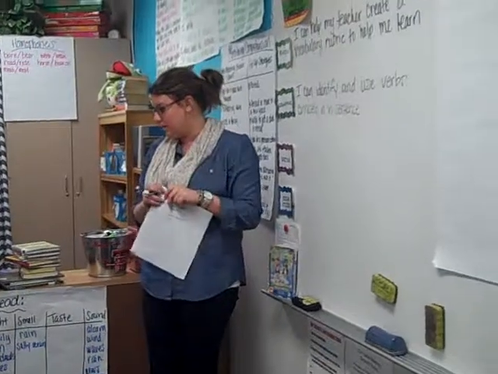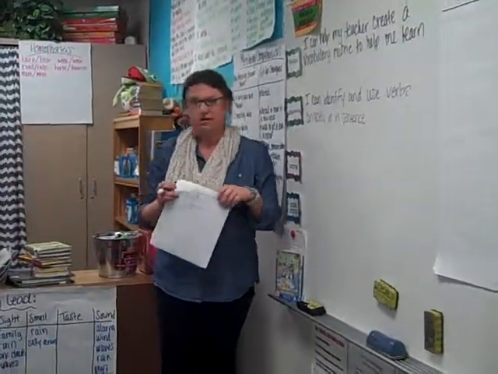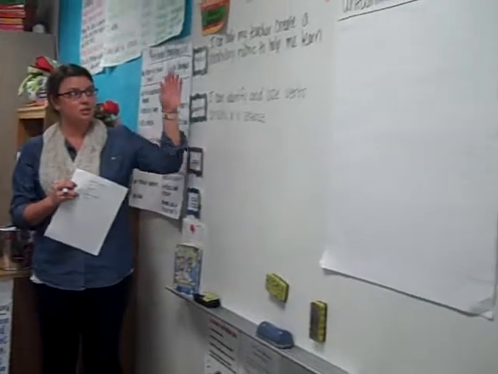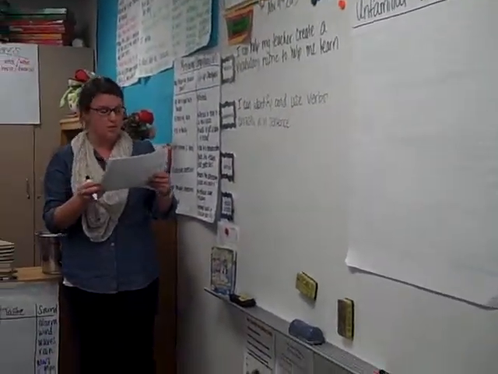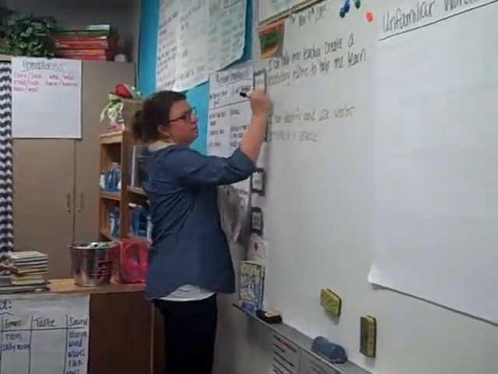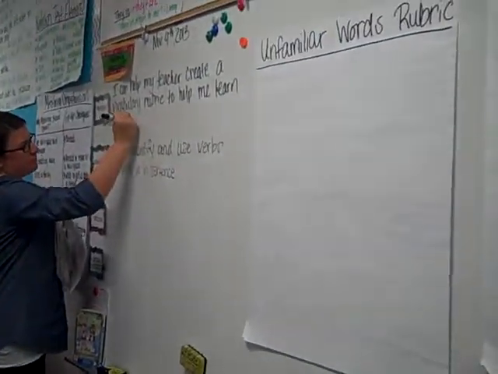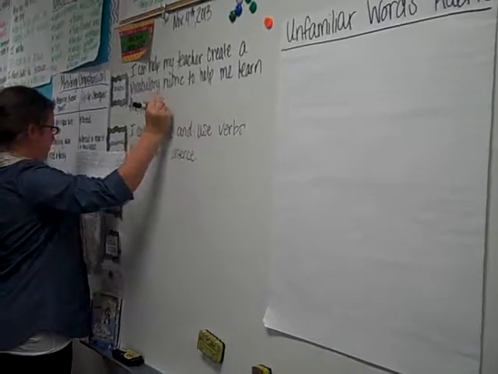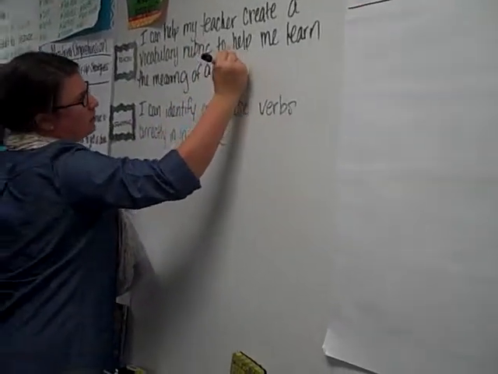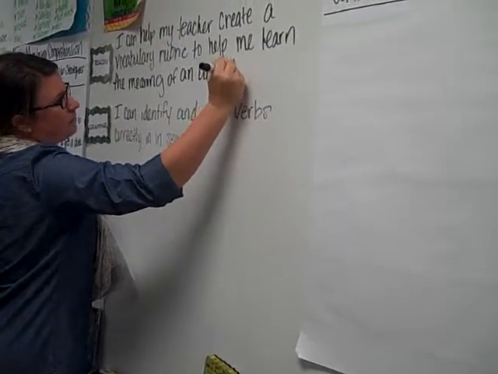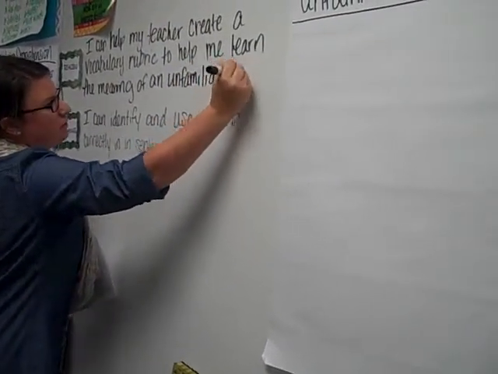To help us when we came across a word that's unfamiliar. Today, you are helping your teacher create a vocabulary rubric to help me learn the meaning of an unfamiliar word.